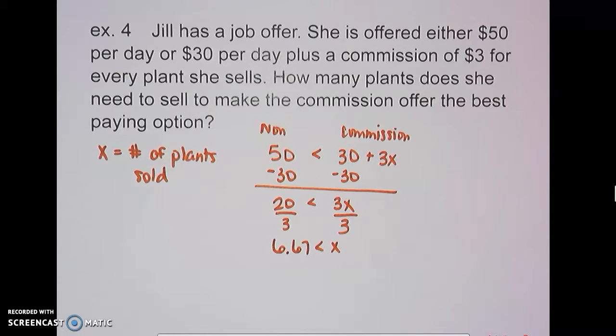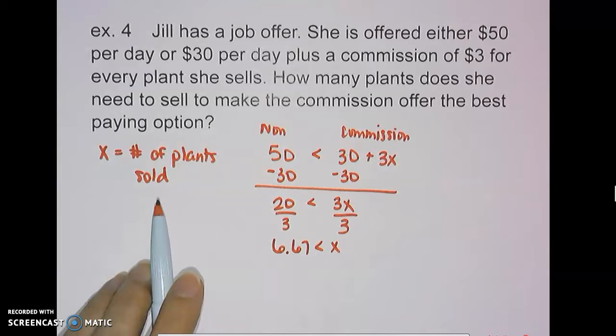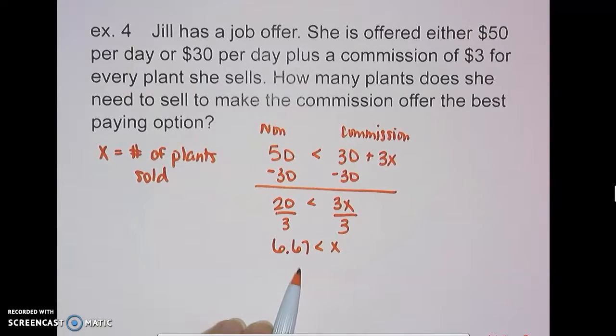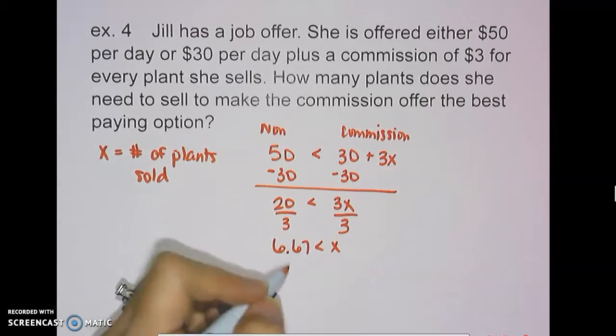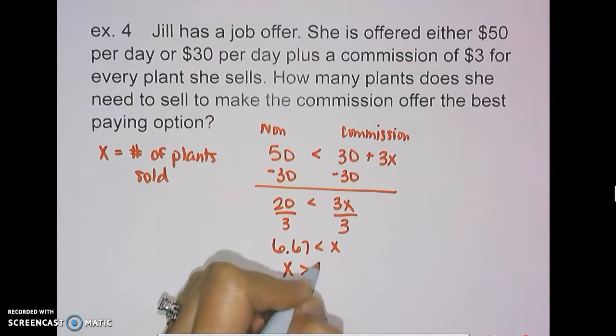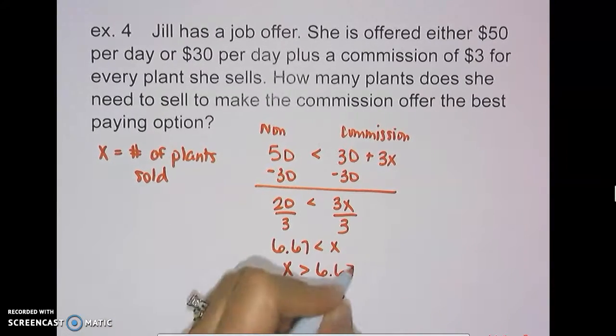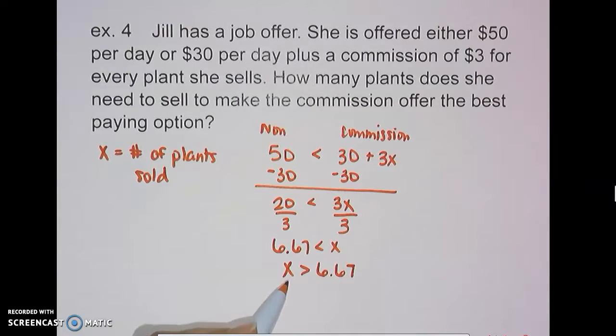And so now we have to decide, can we have a decimal of a plant? No, so we have to decide, do we round this down to 6 or round it up to 7? Here, 6.67 needs to be less than x, or you can switch it around if it helps you to look at this from the left-hand side with a variable.